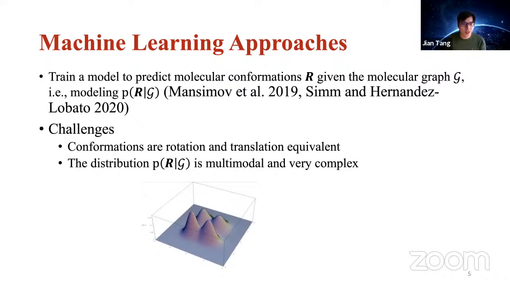The second challenge is that each molecule can have multiple different stable conformations, which means this conditional distribution of the conformation given the molecular graph is multimodal. So it's a very complex distribution, and we must develop very flexible and general models to model it.